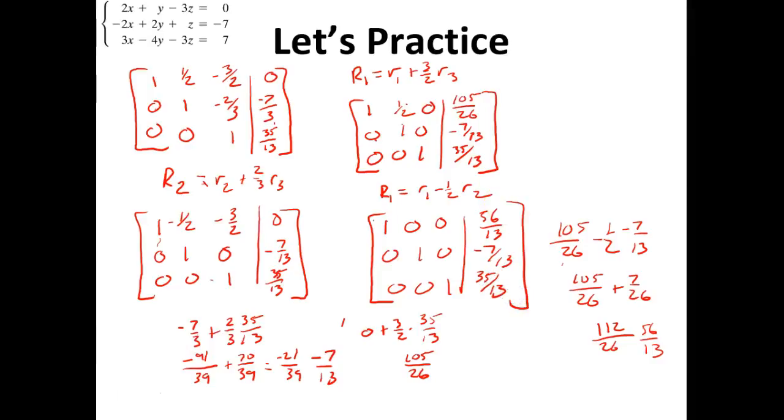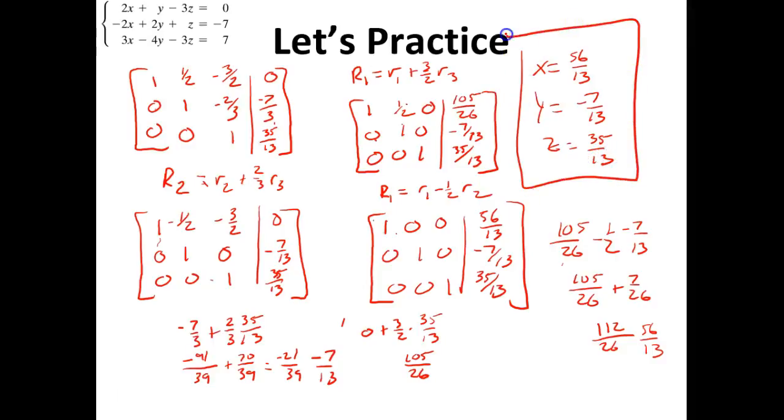The good news is we're finally done. We have 1 zeros below it, 1 0 above and below, 0, 0, 1. So now we can take this. All that work was to say that x is going to have to equal 56 over 13. Y is going to have to equal negative 7 over 13. And z is going to be 35 over 13.